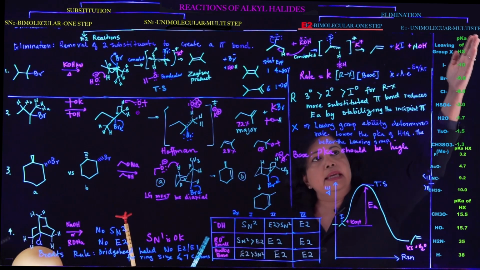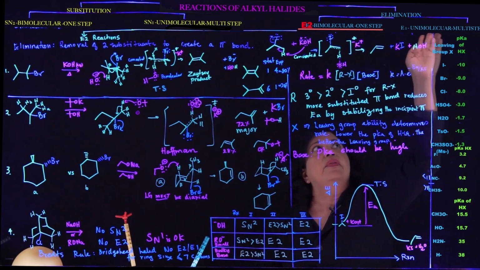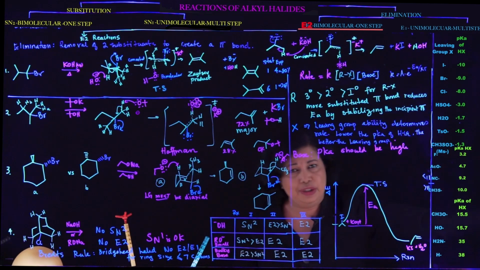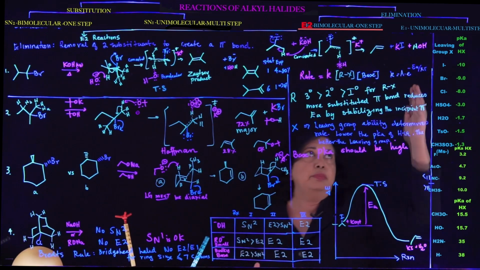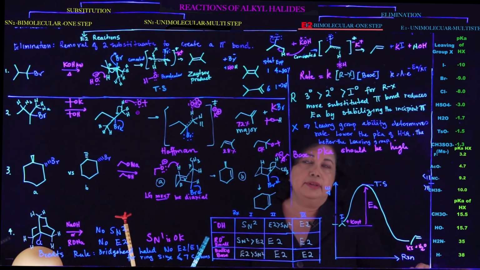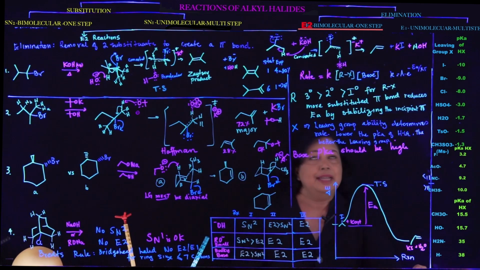So the lower the pKa, the more stable the leaving group, and therefore the faster it's going to break and leave. So iodide would be more than bromide, would be more than chloride. Fluoride's really a bad leaving group. So that's how you find out leaving group ability.